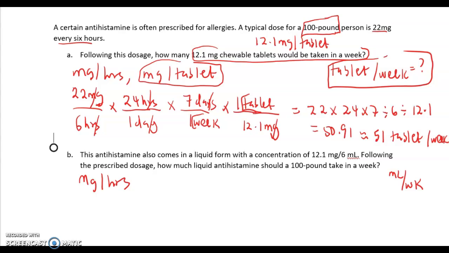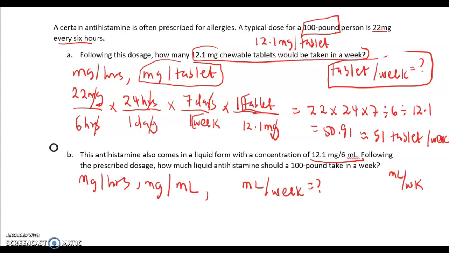So 100 pounds will not be included in the unit, because if we use that, that is still going to remain in the equation. That is not what we want. So we have milligram per hours. We also have milliliters per milligram or milligram per milliliters. This right here. And we want to have our final unit as what? Milliliters per week.